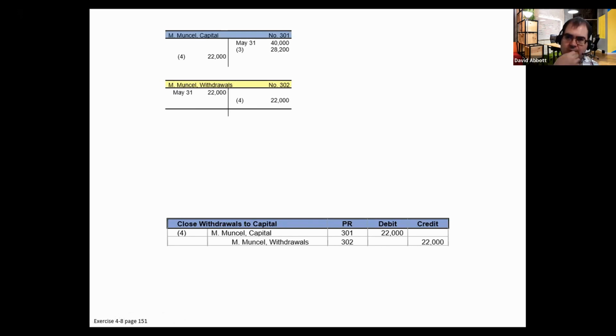Actually, excuse me, we have to debit Munsell capital because we have to reduce the amount of capital that she has now. We've already added the net income. Let me write. This amount right here is the net income, and I'll just do NI. Or actually, maybe I don't have to do this. I can annotate up here. It'll be easier.